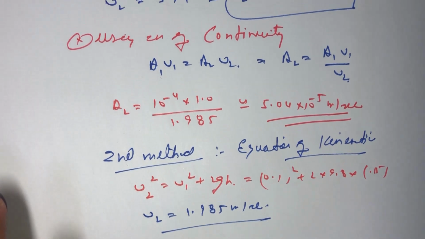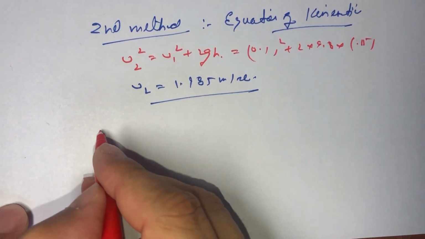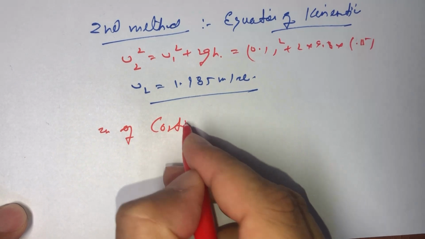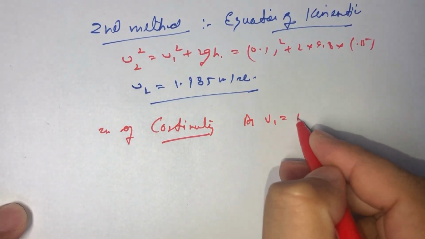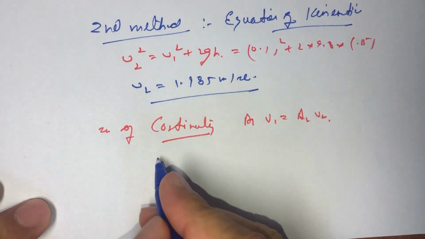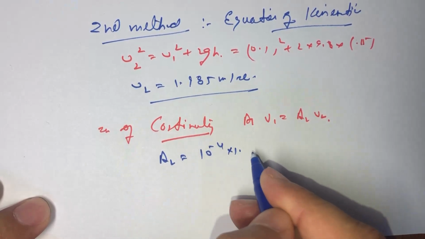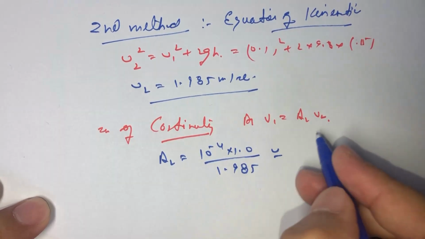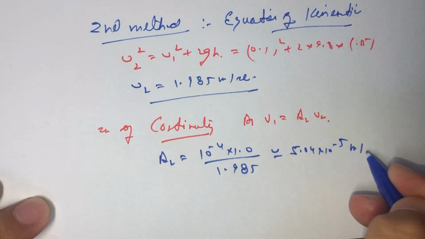And now using the equation of continuity, A1 V1 is equal to A2 V2. So from here we get A2 is equal to 10 to the power minus 4 into 1.0 divided by 1.985, which comes approximately as 5.04 into 10 to the power minus 5 meter square.